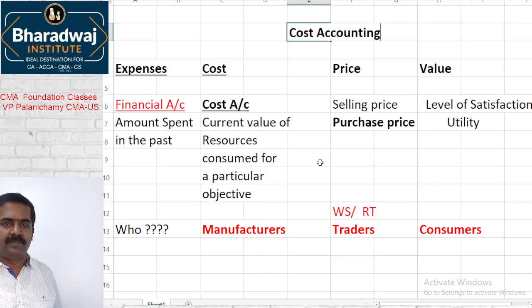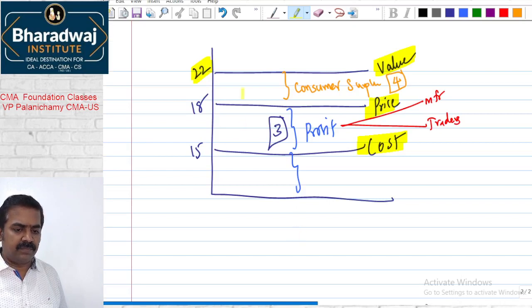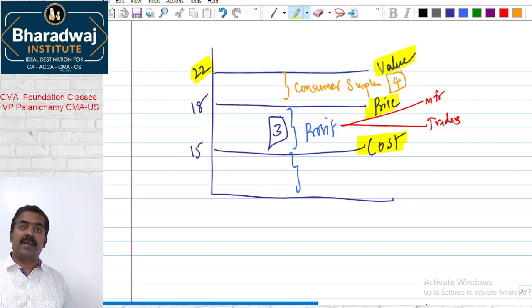Did you copy it? Next. Take up this also. Cost and price difference is profit enjoyed by manufacturers and traders. Then price and value difference is called consumer surplus.